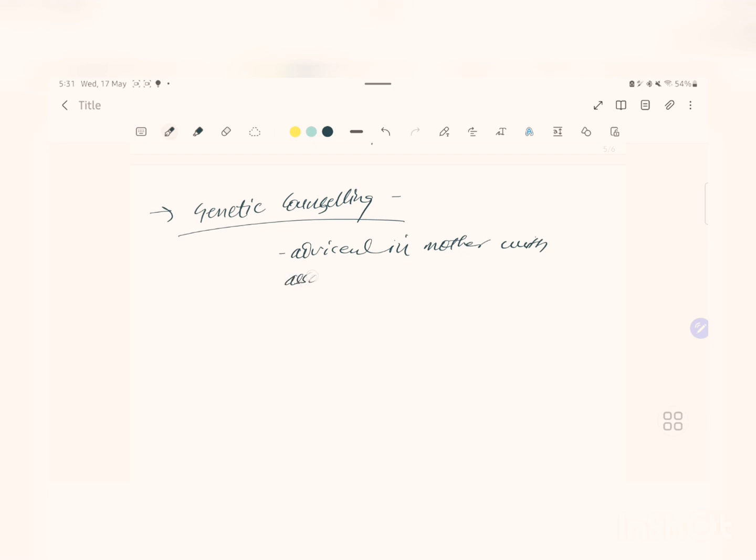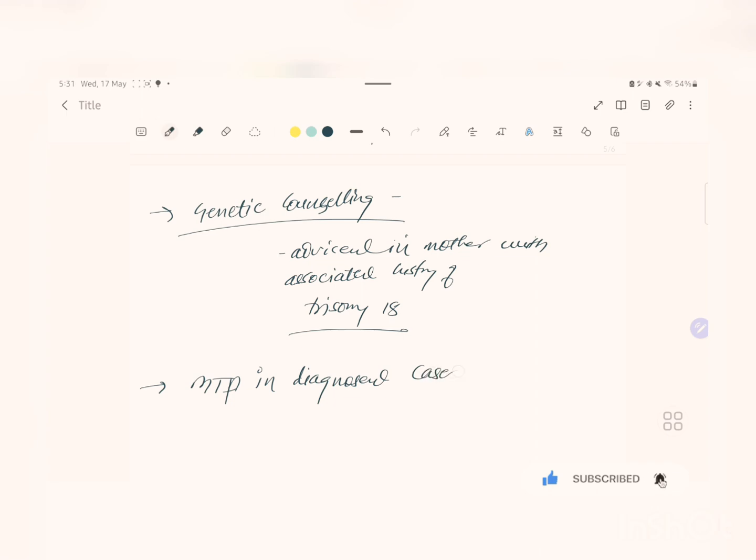We will counsel regarding the severe form of deformity in the child, and will counsel the mother to get genetic counseling to rule out trisomy 18, or if the patient is diagnosed that her child has spina bifida during the ultrasound scan, we advise the mother to go for medical termination of pregnancy.